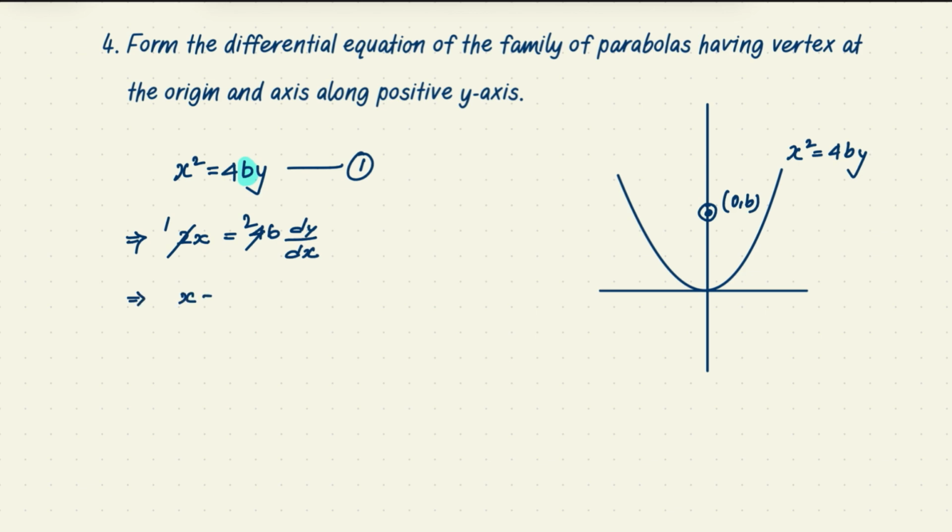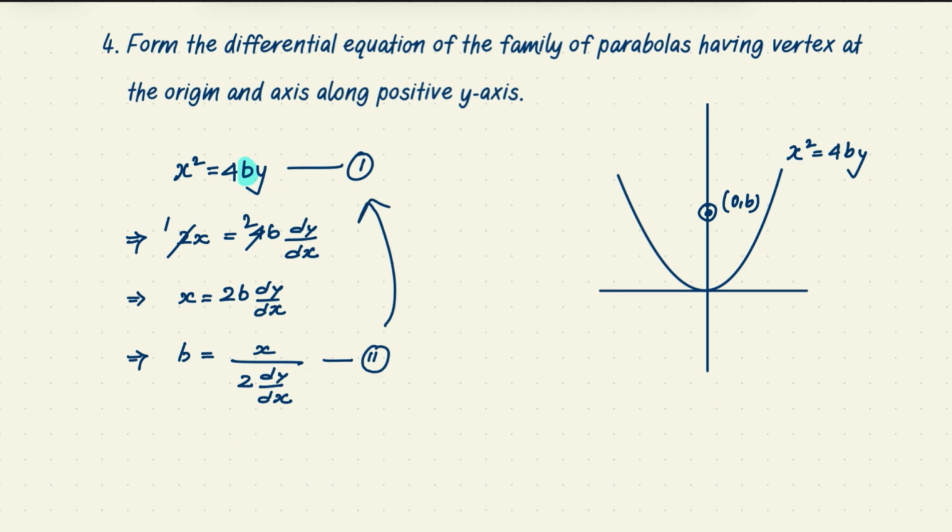So x = 2b dy/dx. Now since my aim is to get rid of this constant b, from here the value of b can be written as b = x divided by 2 dy/dx. So let this be equation 2, and let us put this value of b in equation 1 here.